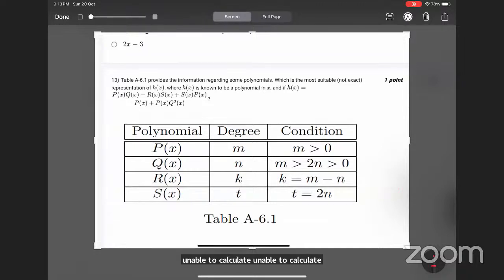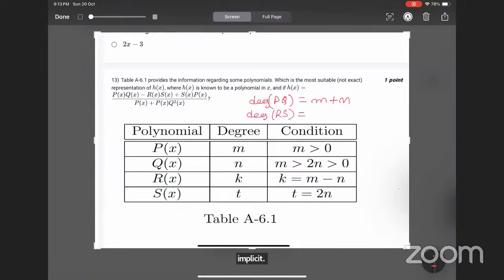So the degree of P is given as M, right? And the degree of Q is N. So what is the degree of PQ? M plus N. And what is the degree of RS?